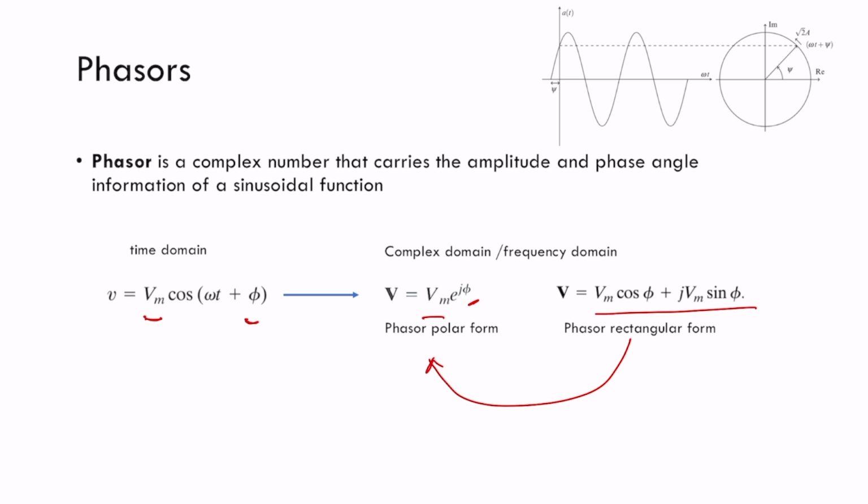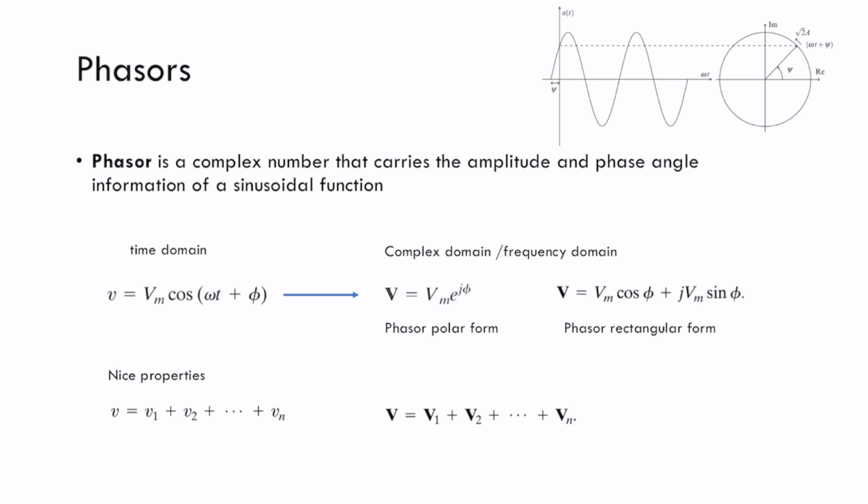And you have a nice interpretation of this sinusoidal wave I have here on the top: you can understand it as a vector which is rotating.